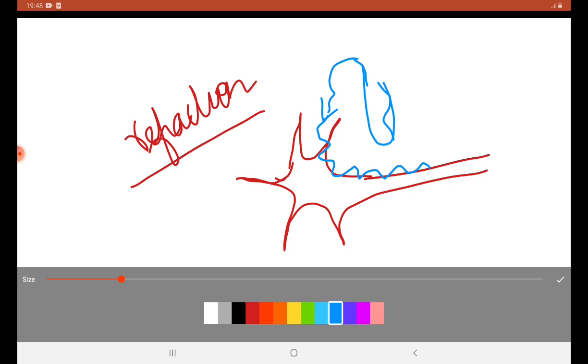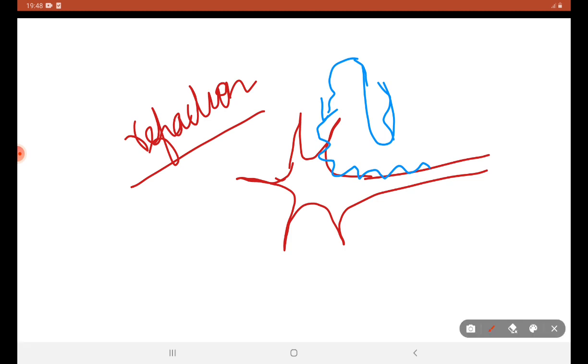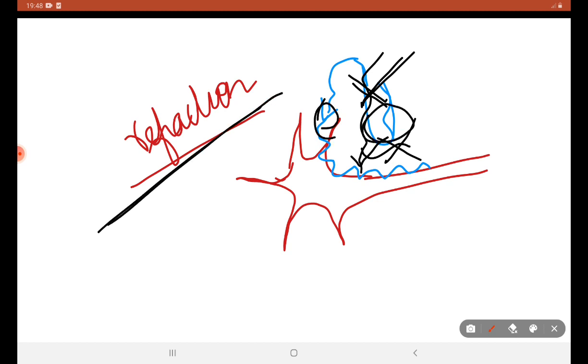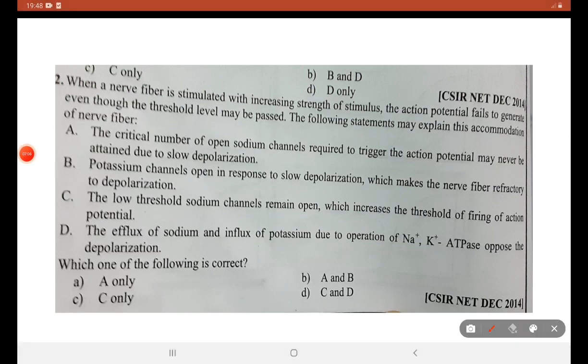Then we are giving a second stimulus again here. This stimulus will not be propagated. There is a defined period of time between the first stimulus and the second stimulus. That period is called the refractory period. So potassium channels open in response to slow depolarization, which makes the nerve fiber refractory to depolarization.